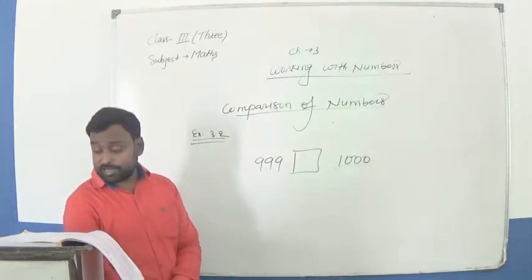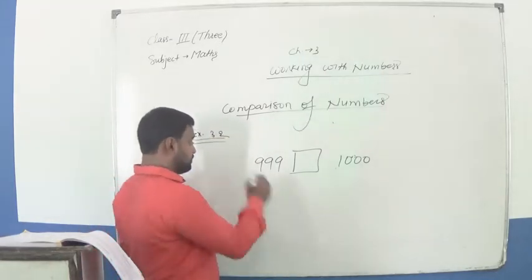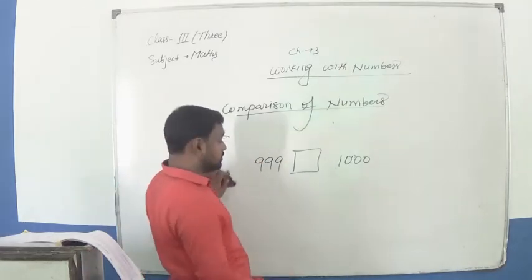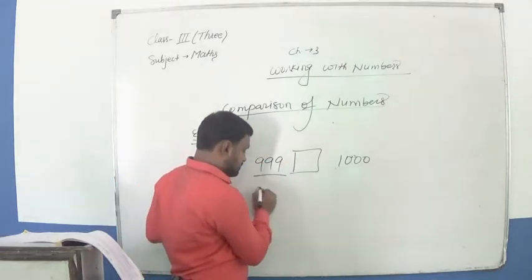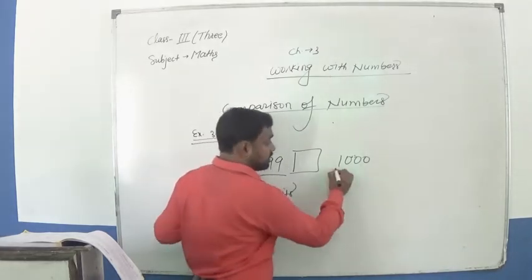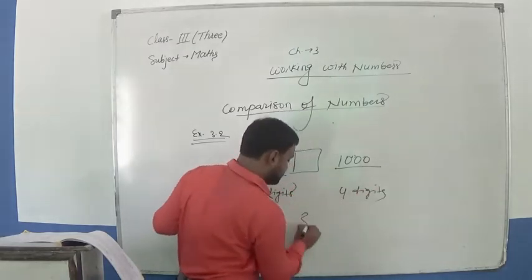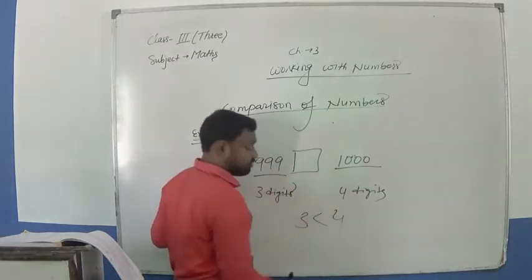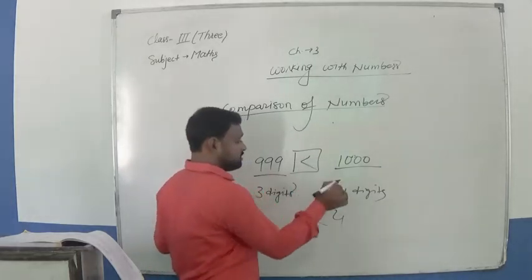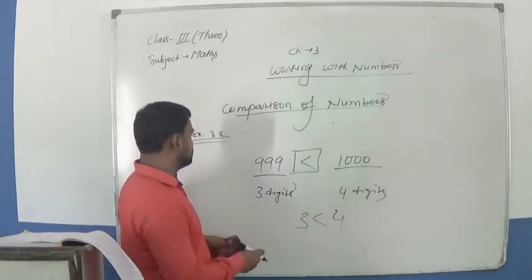It's easy with rule number 1, keep in mind rule number 1 that I have told you. Count the digits: 3 digits, and 4 digits. 3 is less than 4, so the 3-digit number is less than the 4-digit number. In this way you can solve exercise 3.2.